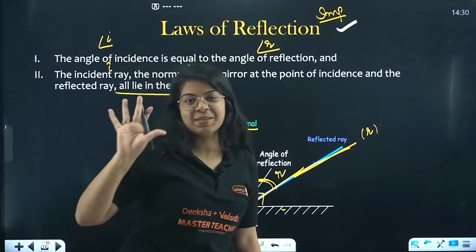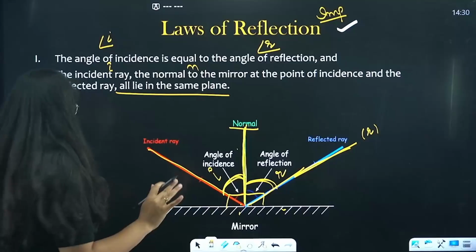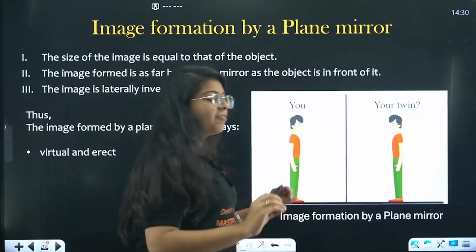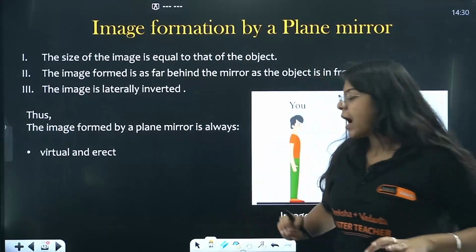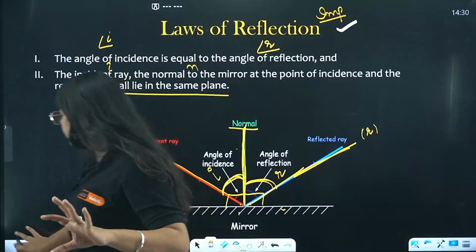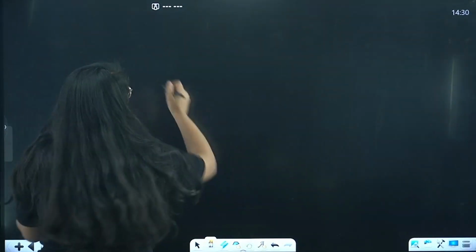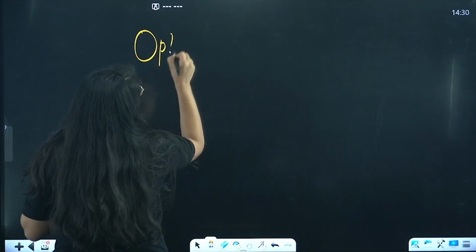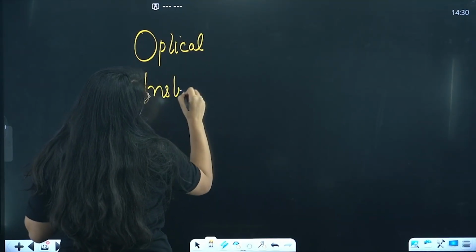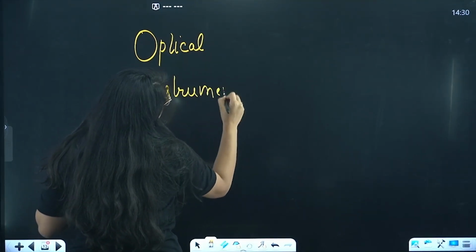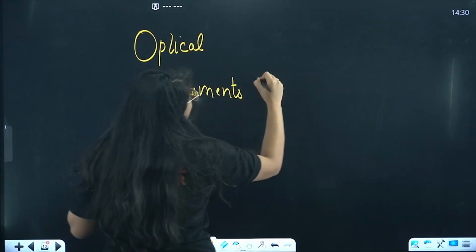It was easy. Okay? Now beta, after this we are going to study image formation. We are actually going to study something called optical instruments. Now in this chapter, technically, we have two parts.